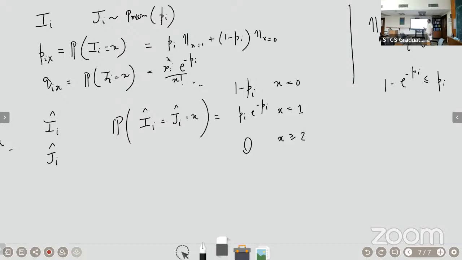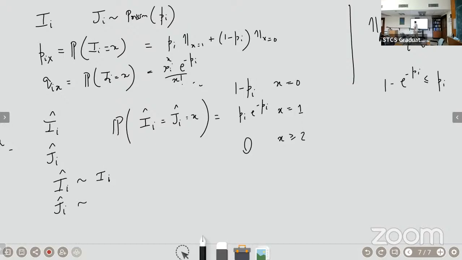All you need to do is to define I hat and J hat. What is the simplest way to think about it? You already ensured by the previous theorem that I hat matches I. This is the same distribution.